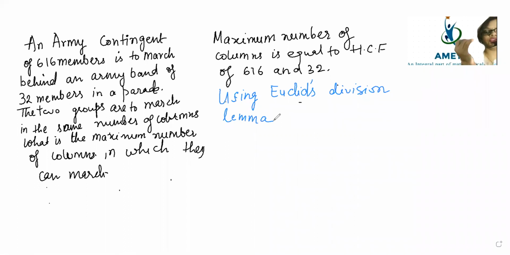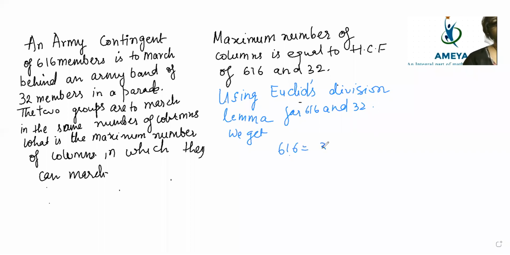Using Euclid's division lemma or algorithm for 616 and 32, we get, now only the solving part is left. 616 is equal to 32 into how much? So 32 will be multiplied.